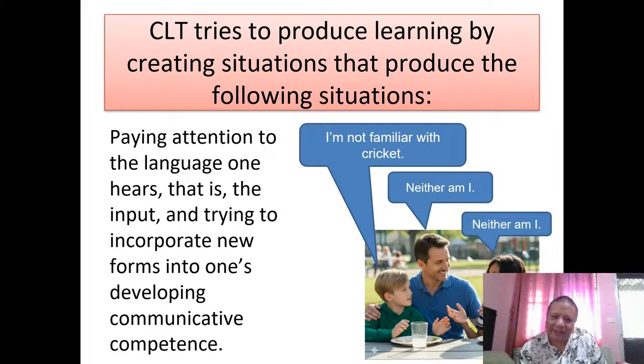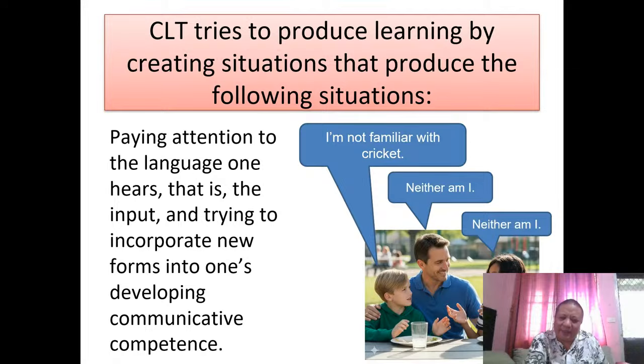So the idea is paying attention to what you're listening to and trying to incorporate those new forms into one's developing communicative competence. Neither am I is an example of that new form that the child was able to use as part of his developing communicative competence. So you listen and you are able to use chunks of speech that become meaningful to you.